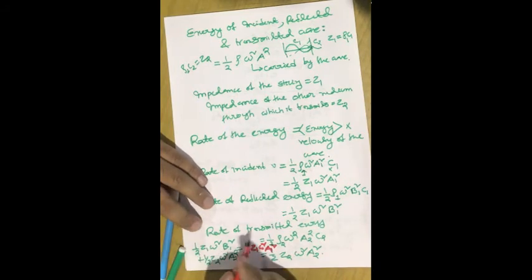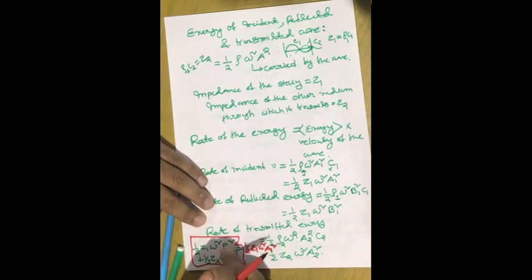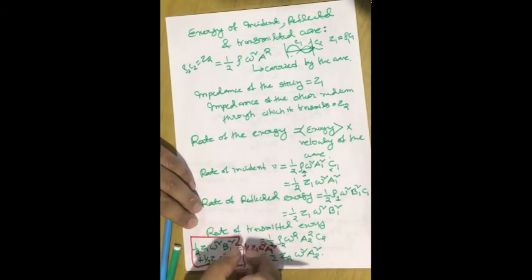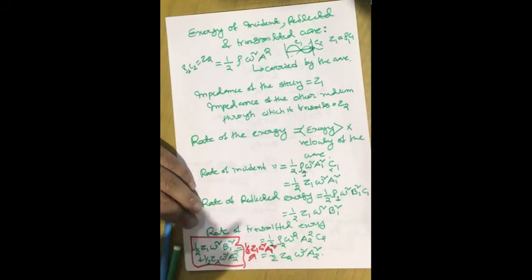So I put it as homework to prove that the left hand part of the equation, half into Z1 omega square into B1 square plus half into Z2 omega square into A2 square, is equal to half Z1 omega square into A1 square. For that you just need to substitute the values of B1 and A2 with respect to A1.